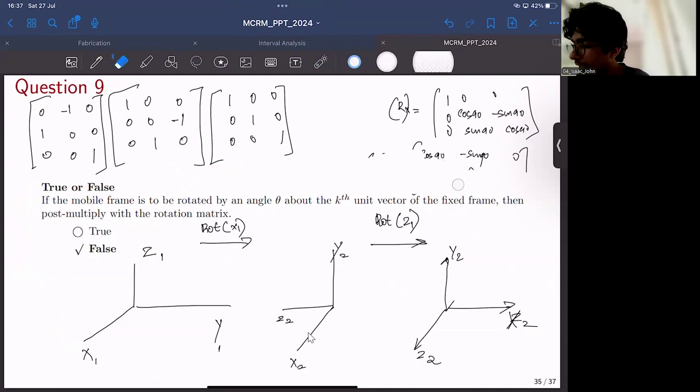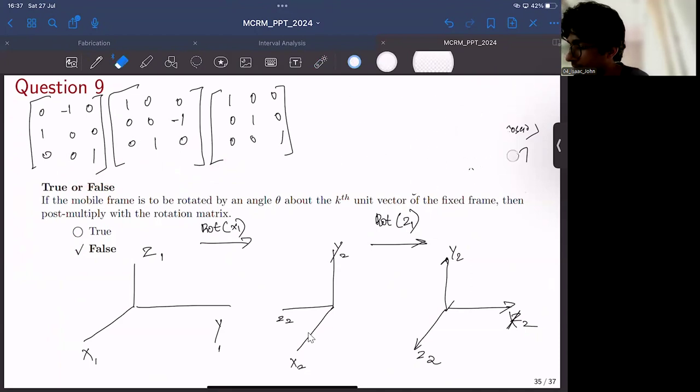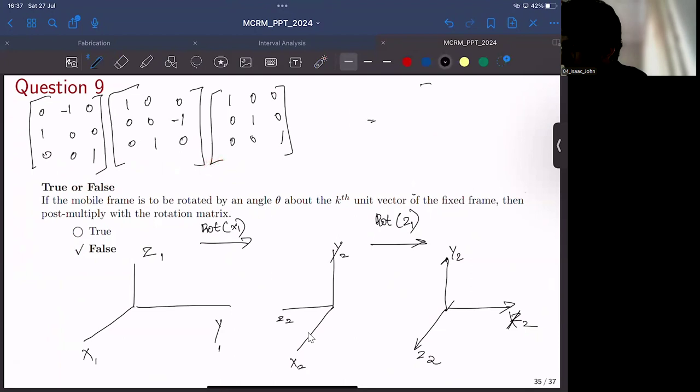If we do that, what will we get? If you multiply these two out, that will be something like 1. Second column, second element would be 0. Third would be 0. Should be 0, 0, minus 1.